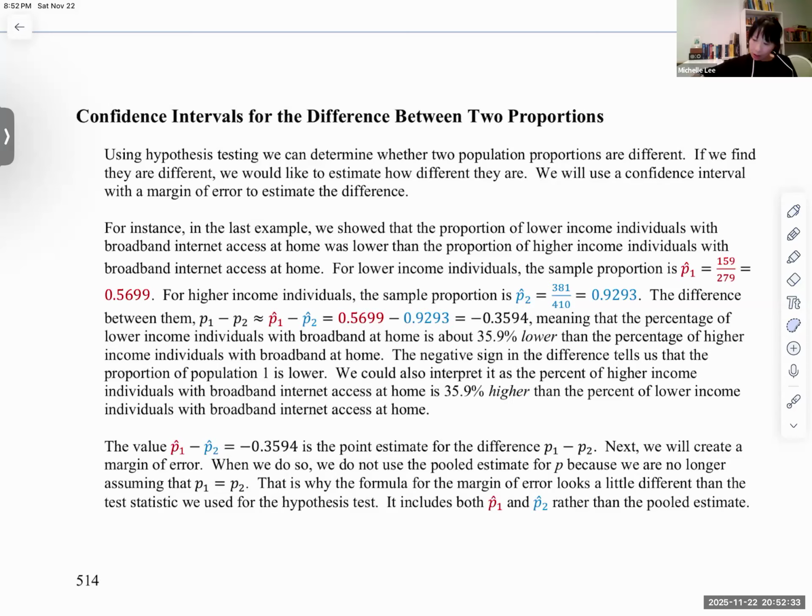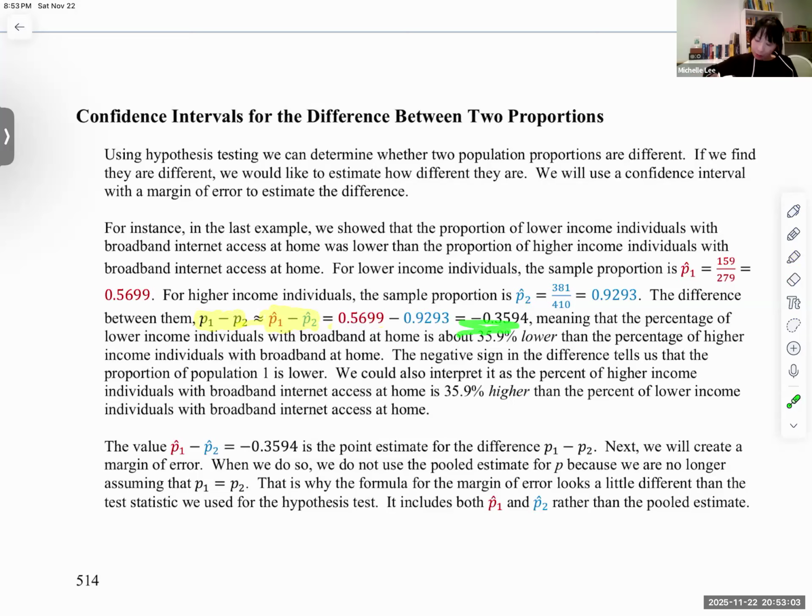Then we can express it as a difference too, right? All right, then here, let's take a look. I want to highlight this one, p sub 1 minus p sub 2, which is approximated with the sample proportions, the difference between p hat sub 1 and p hat sub 2, which in this case is negative 0.3594, right? So what does this mean?